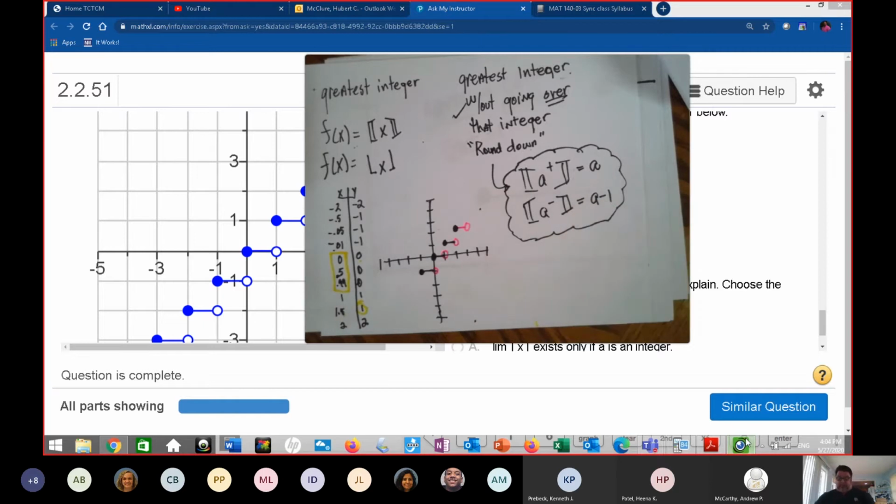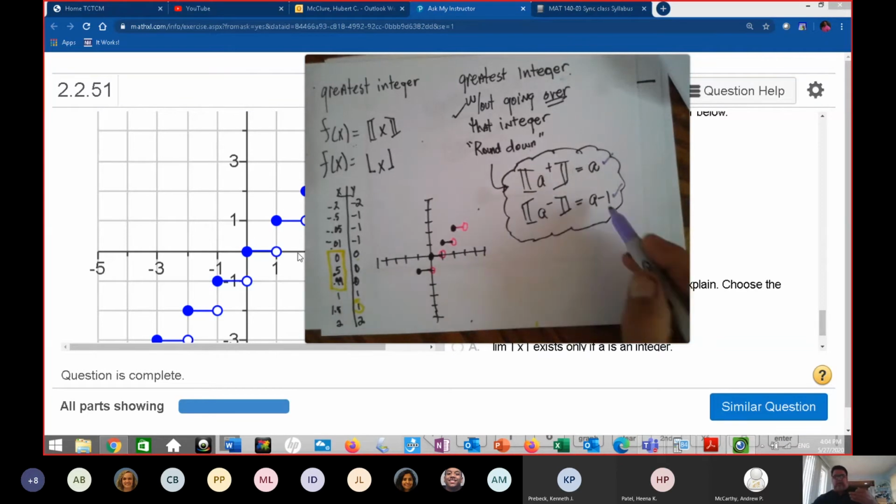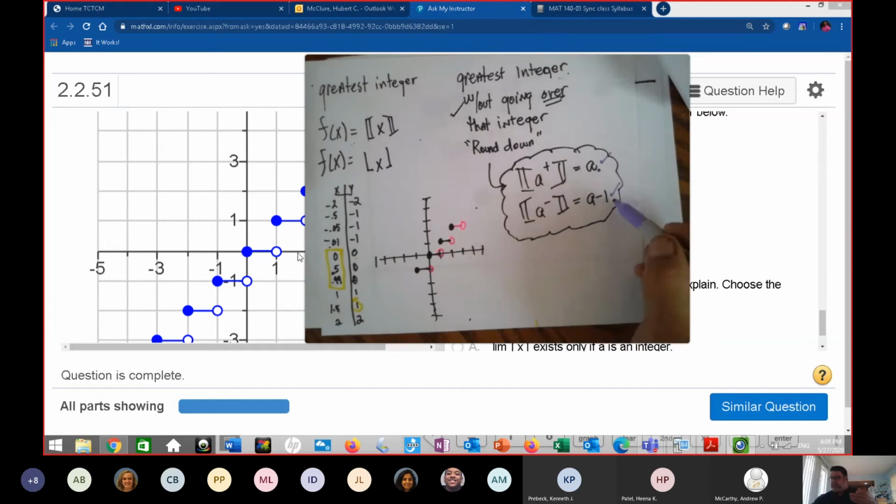Unless you have something real quirky, you're always going to have a different answer right here, because usually if you go in consecutive numbers, one's going to approach from the left and be that number, and the other one's going to approach from the right and be 1 off, or approach from the left on the negative side and be 1 off, and then the one on the right is going to be that number.